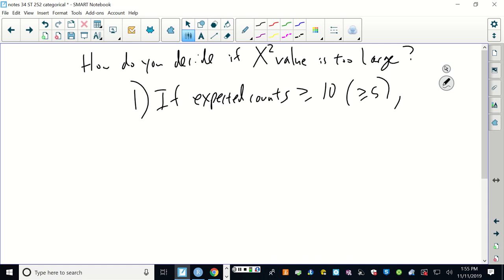It's kind of central limit theorem, kind of sample size requirements. There's not a hard cutoff in terms of saying exactly how big they have to be, but the bigger they are, the better. If it's less than 10, the p-values and so on that you would get start to be a little bit more questionable.